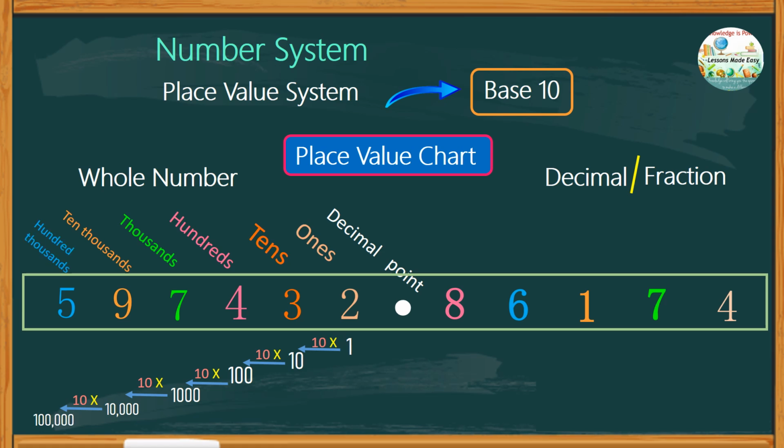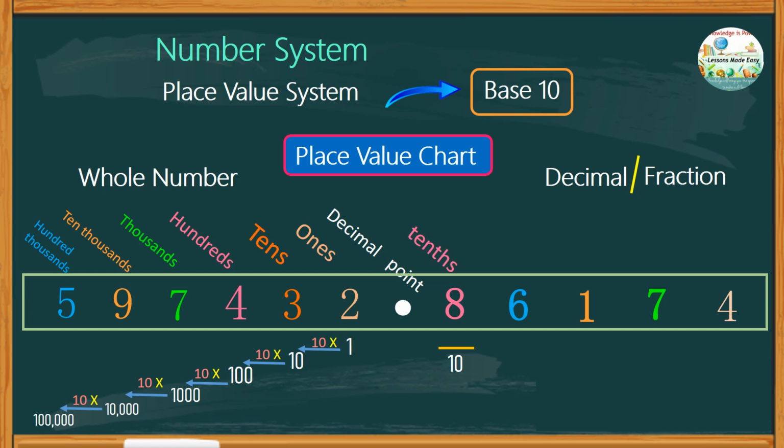And so, if moving to the left of the decimal point increases the value by 10 times, what will happen if we move the digit one place to the right? Moving the digit one place to the right of the decimal point means decreasing the value by 10 times. It means the first digit to the right of the decimal point is divided by 10, or what we call the tenths place.